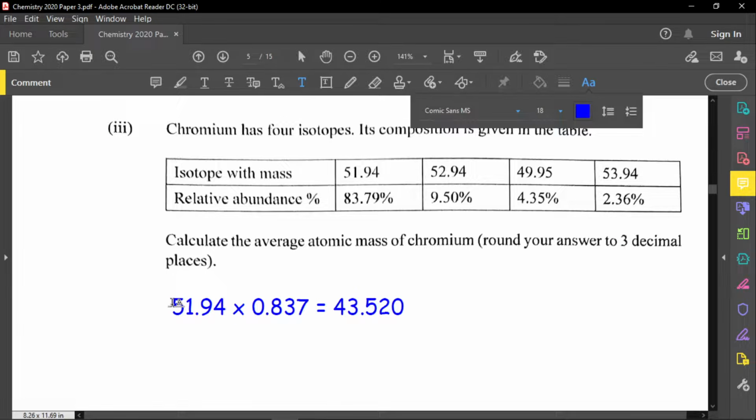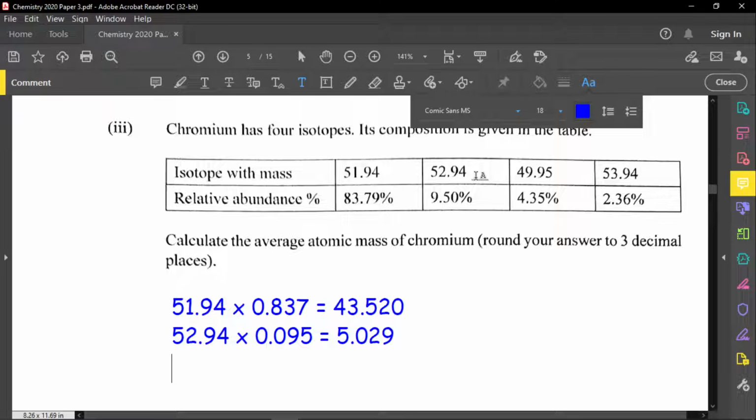And that will give us 43.520. The next value is 52.94. Multiply that by the percentage, which is 9.50%, so multiplied by 0.095, and that will give us a value of 5.029.